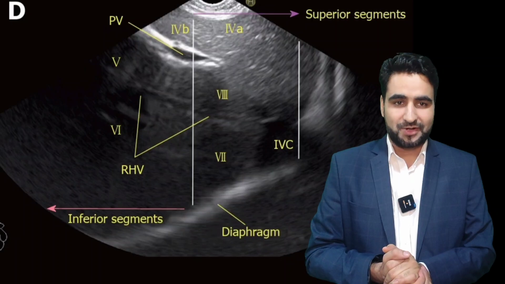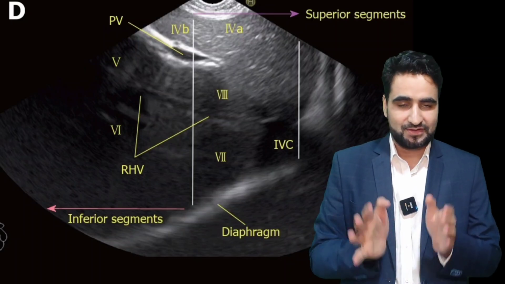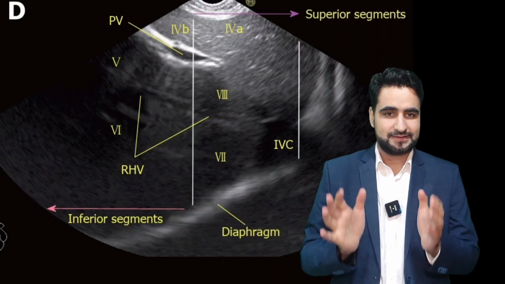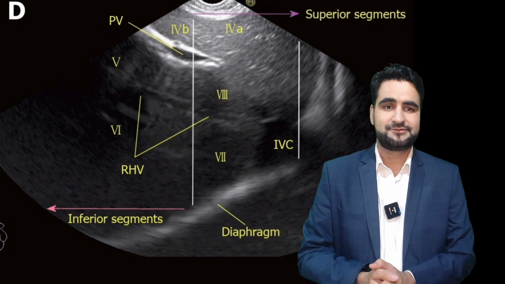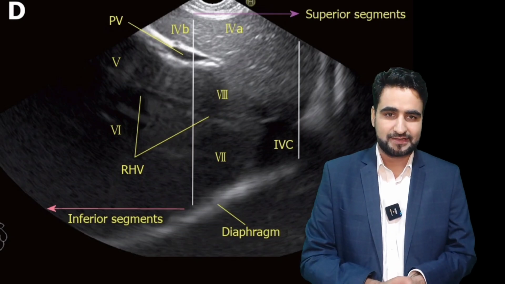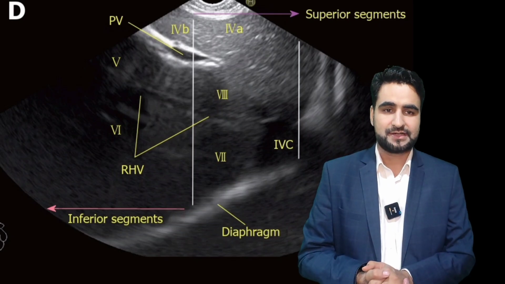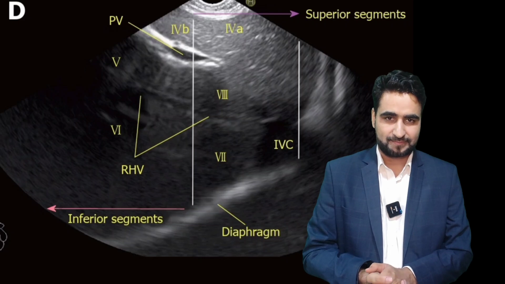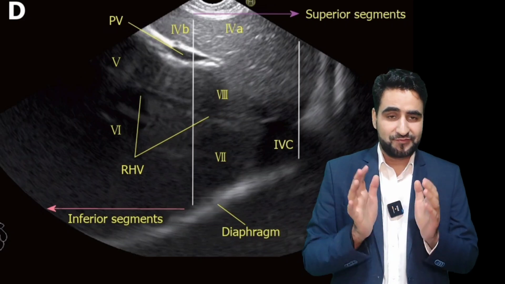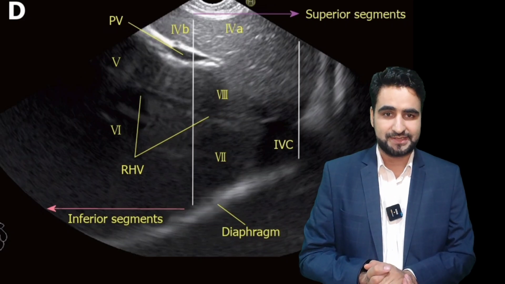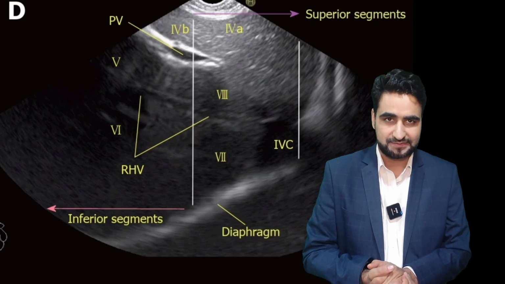Finally, this image demonstrates the drainage patterns of the hepatic veins. The right hepatic vein primarily drains segments 6 and 7, the posterior, superior, and inferior segments. It also drains a variable portion of segments 5 and 8, depending on individual anatomy.